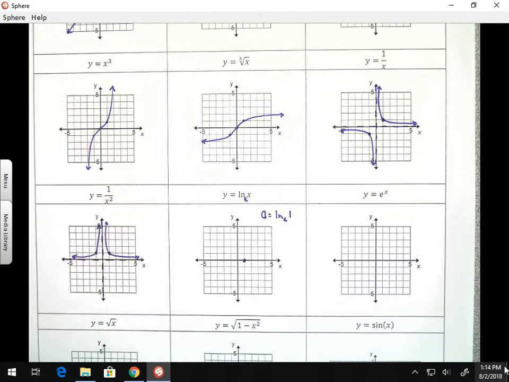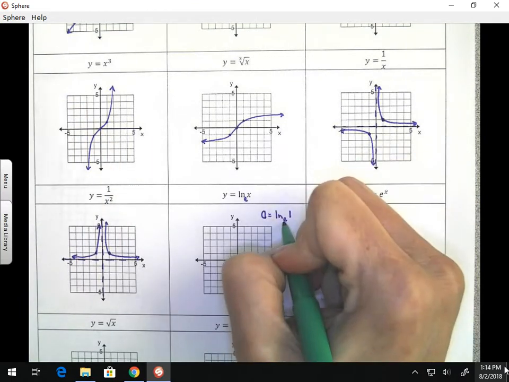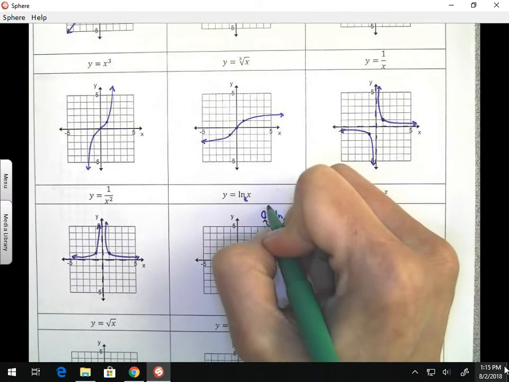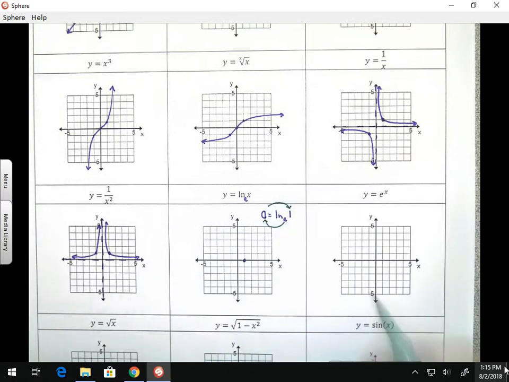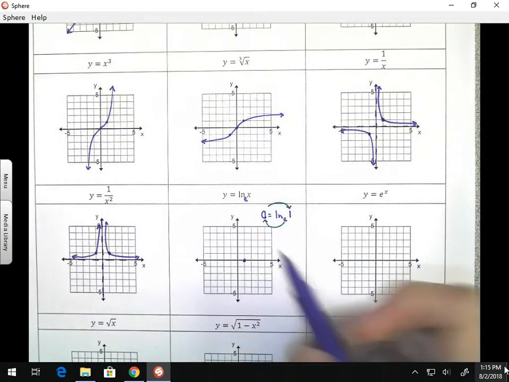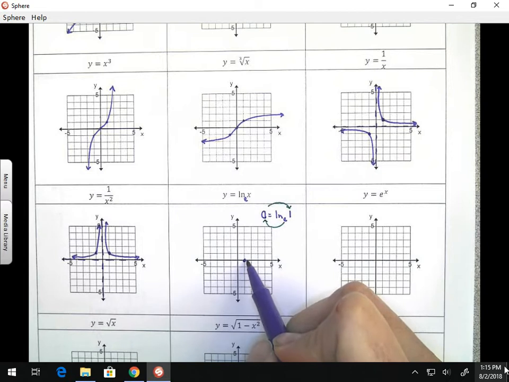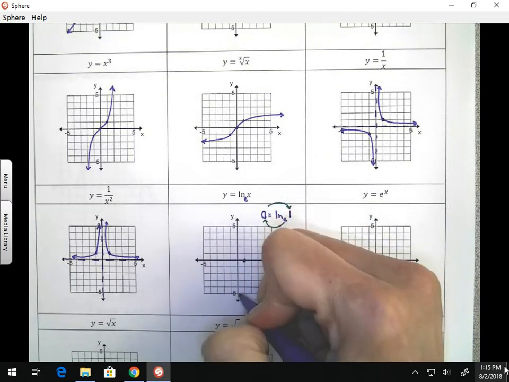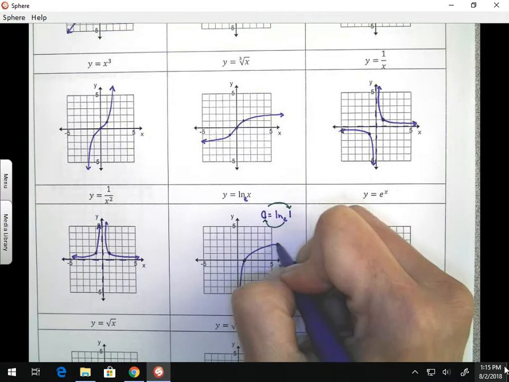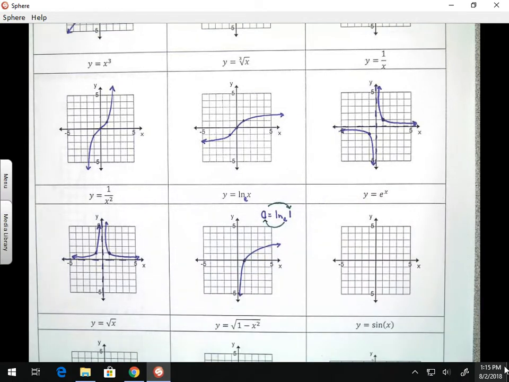If you think about those log circles, we know that e to the 0 is equal to 1. So that's why our point (1, 0) lies on this graph, and then it's going to go like this.